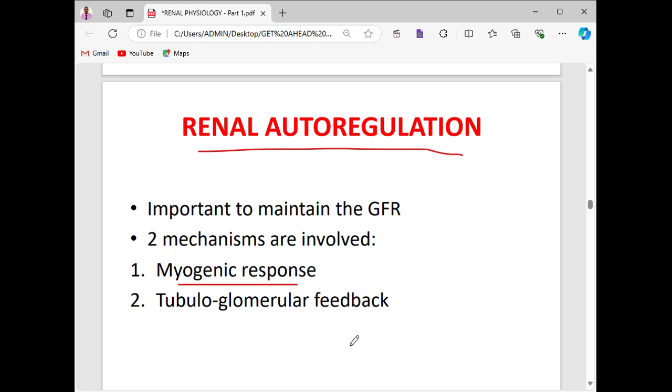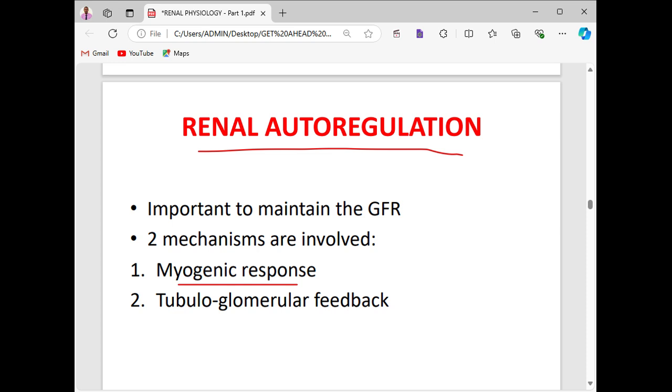This myogenic response is an intrinsic mechanism that regulates RBF, and it occurs in the afferent arterioles, which are the small blood vessels which supply the glomeruli. So what happens is when blood pressure increases, the arterioles will constrict in order to reduce blood flow.